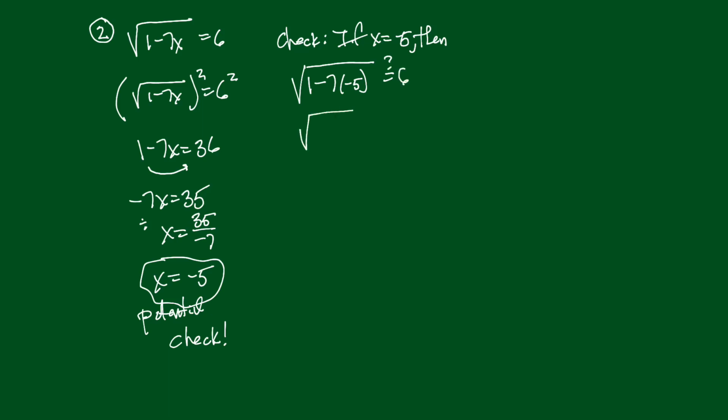So this will give us the square root of 1. Now, negative 7 times negative 5 is plus 35. Is that equal to 6? Square root of 36. Is that equal to 6? 6 equals 6, and I finally got it checked. So now I will conclude that x equals negative 5.